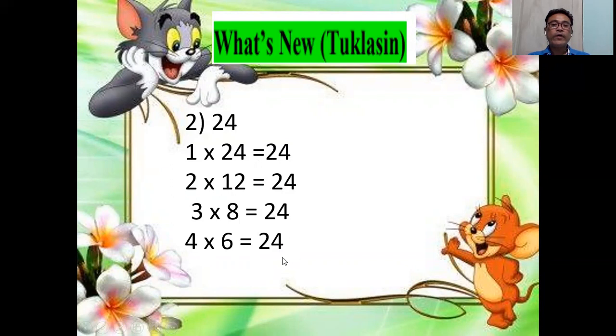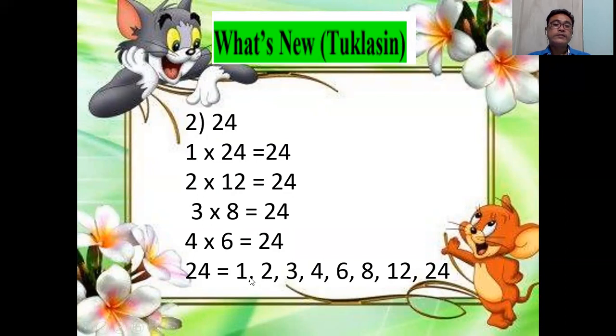Then list down all the factors of 24. So the factors of 24 are 1, 2, 3, 4, 6, 8, 12, and 24. If your answer is correct, very good.